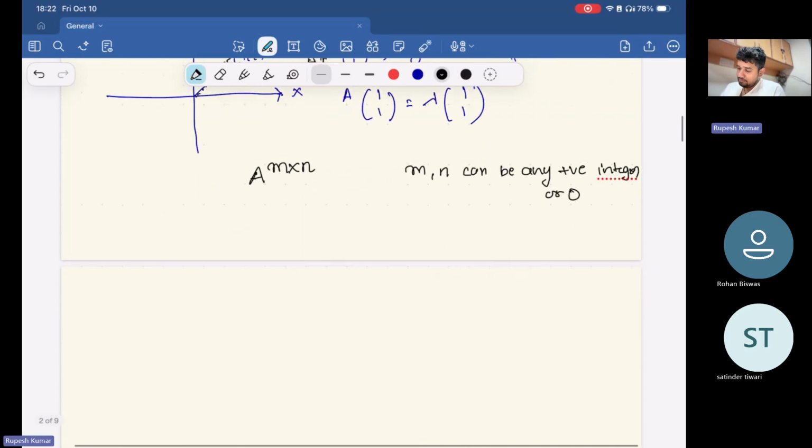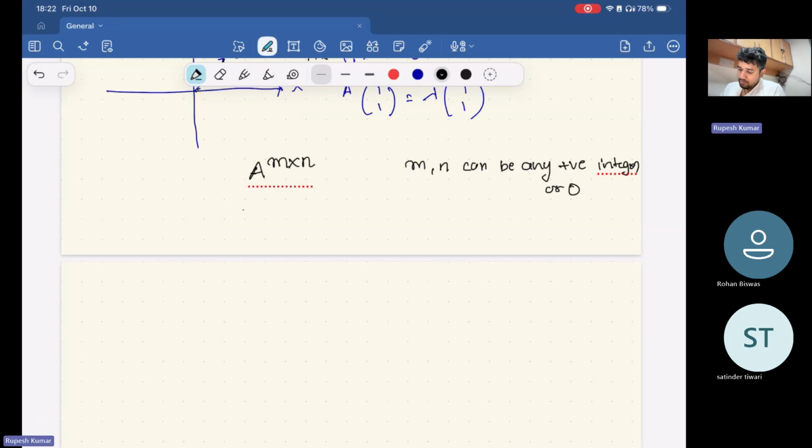What I want you to see is, let's define a new matrix, A transpose A. Can anyone tell me the dimensionality of this new matrix? This will be n cross n.